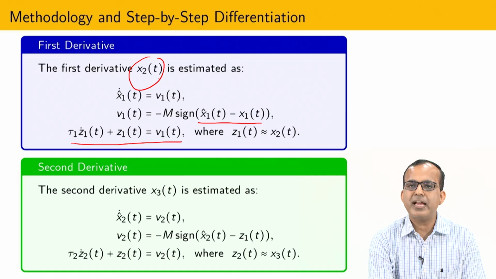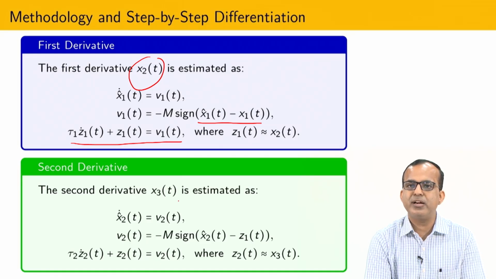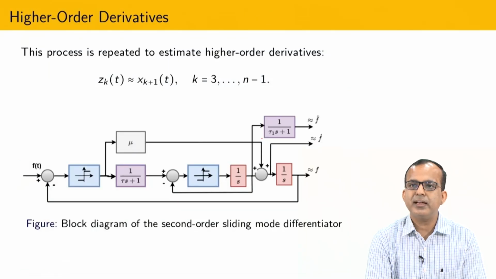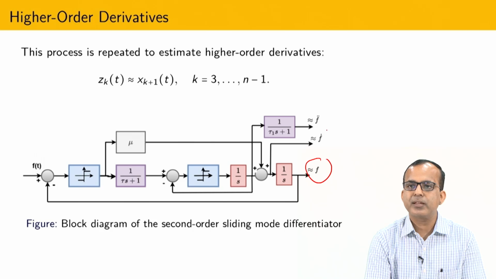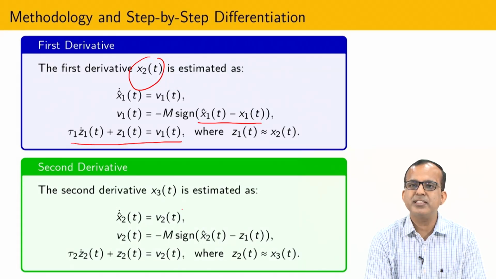So suppose I have signal f(t). The first derivative is x2, the second derivative is x3. In this way one can do it. So I will get f(t) here, f double dot here, and f dot here. Okay. So every time you have to design the filter. It is not difficult to understand this whole construction, I just have to understand how this dynamics is cascaded.